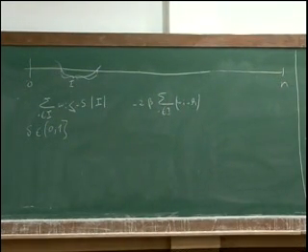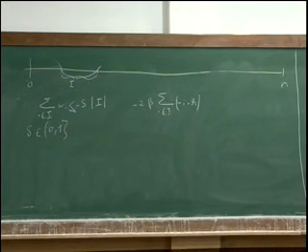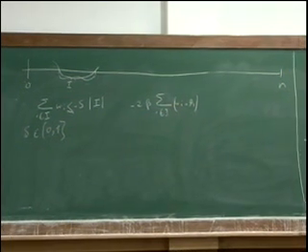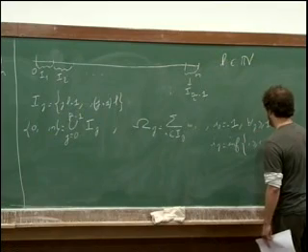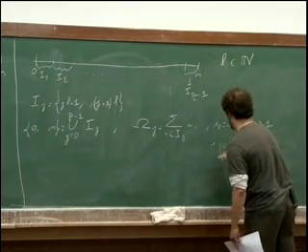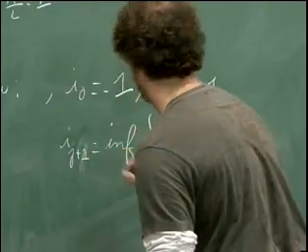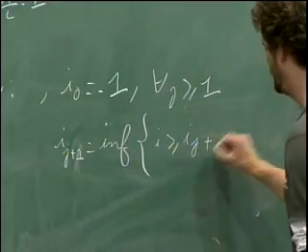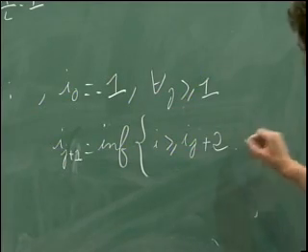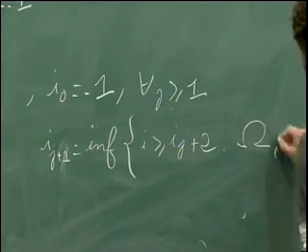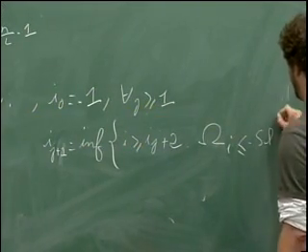So we're going to call I0 minus 1, and for all j larger than or equal to 1, we will define Ij as the infimum of the i larger than Ij plus 1, over Ij plus 2, such that omega i is smaller than minus delta L.